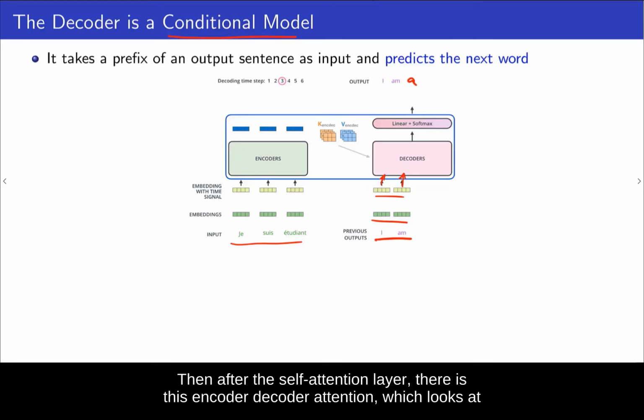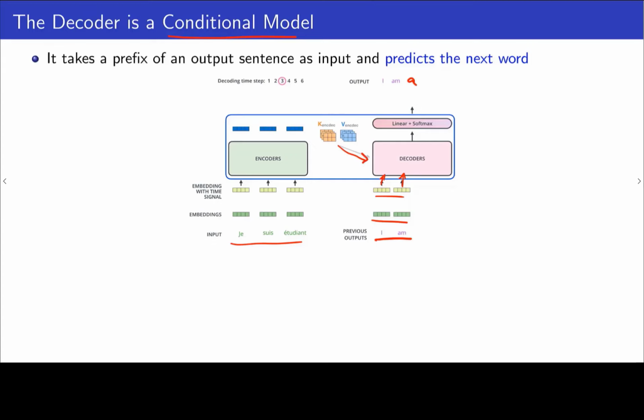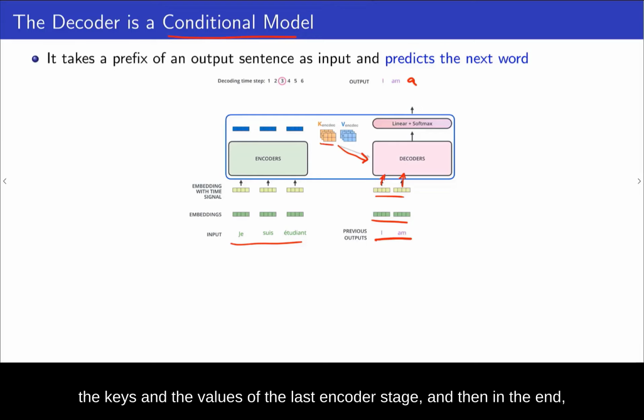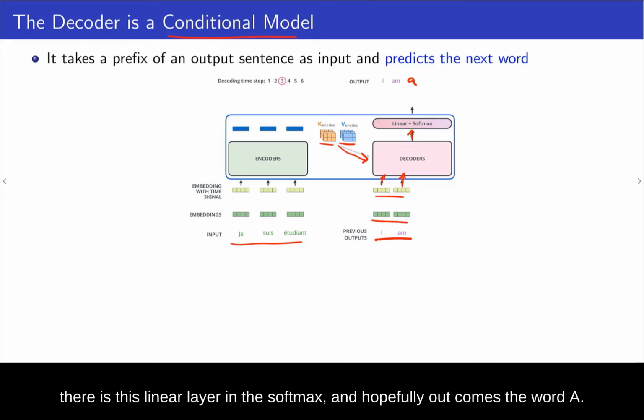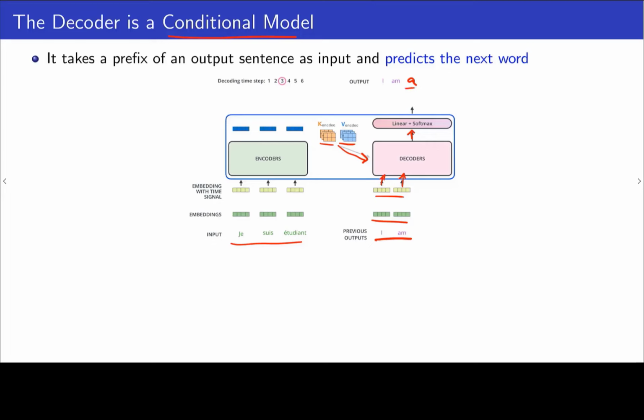Then, after the self-attention layer, there is this encoder-decoder attention, which looks at the keys and the values of the last encoder stage. And then in the end, there is this linear layer and the softmax. And hopefully out comes the word "a".